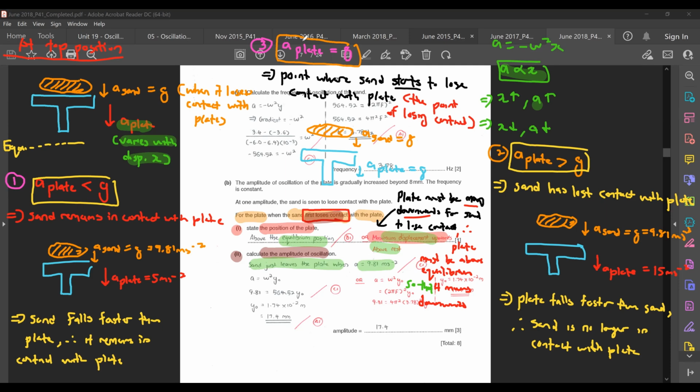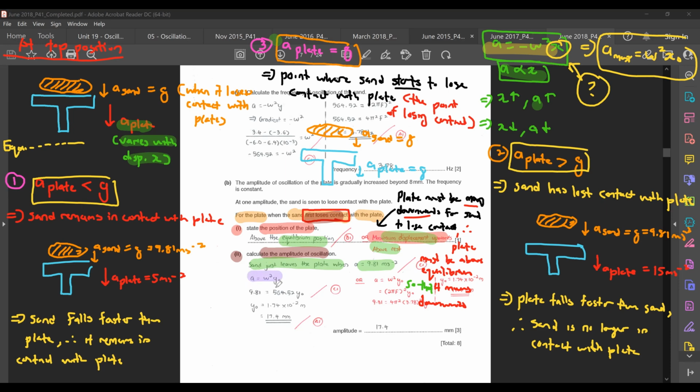So if you apply the equation a equals negative omega squared x, from here, you want to find the amplitude. This is what you want to find. So you use that same variation of your answer, a max equals omega squared x naught. This is what you're applying here.